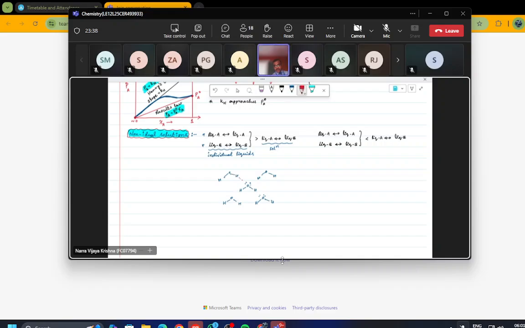There will be hydrogen bonding between these. Between lone pairs of oxygen and hydrogen, there will be hydrogen bonding, right? How many hydrogen bonds will each water molecule form? 4. If you take ethyl alcohol or methanol, now what happens to the number of hydrogen bonds?